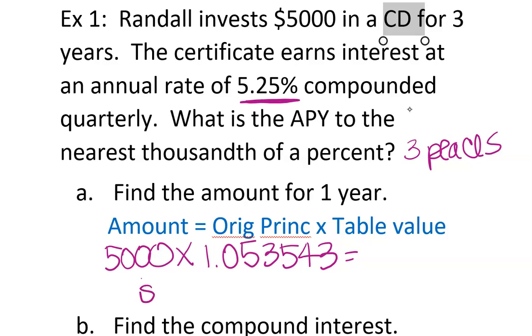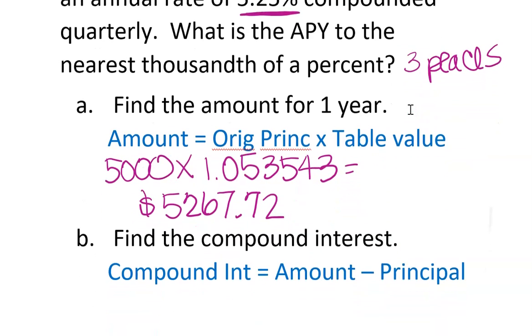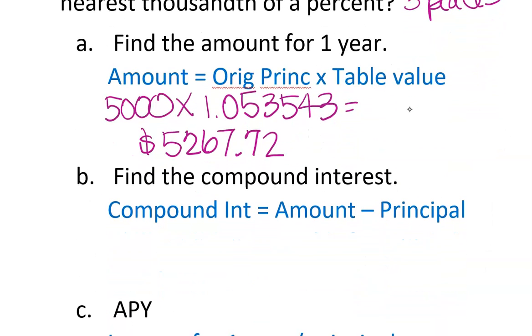So we get $5,267.72. The interest, again, we're going to take and subtract the investment out.